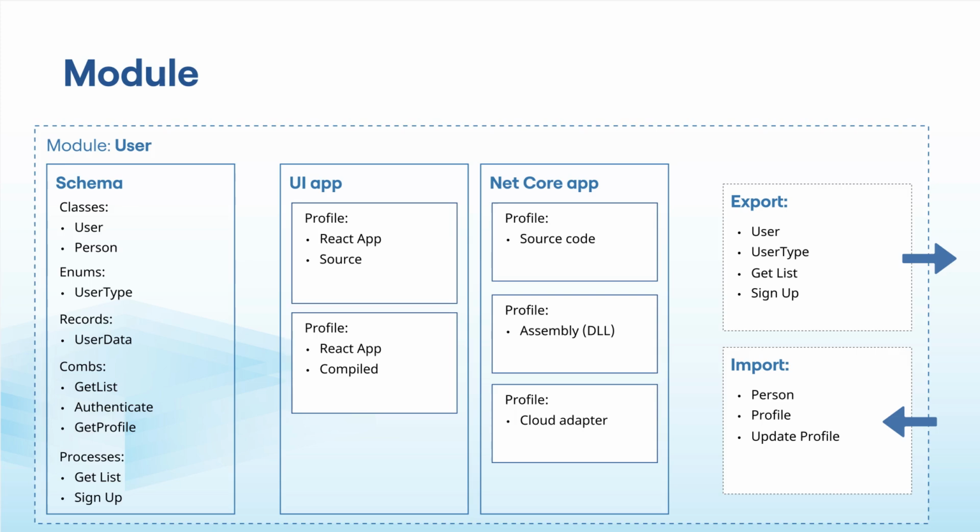The last items of modules are export and import sections. Import specifies dependencies on elements from other schemas or applications. Export defines which elements can be used by other modules. Dependencies can be explicit or implicit. For example, an implicit dependency for the person class allows using any class that matches the person class structure.